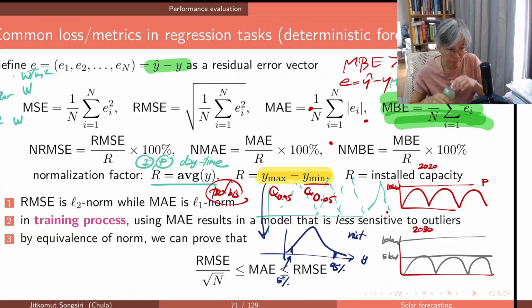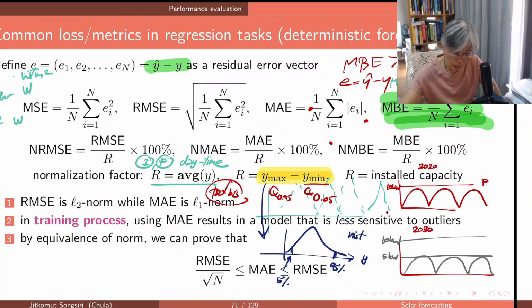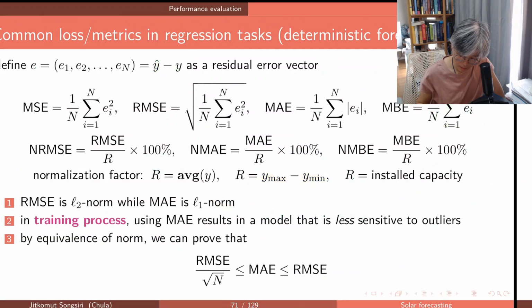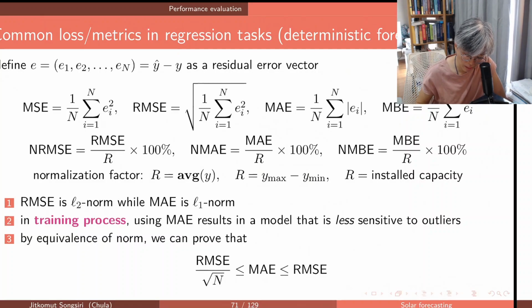I have some interesting notes. Usually, in linear algebra, when you compute the one norm and the two norm, there is a principle called equivalence of norms.